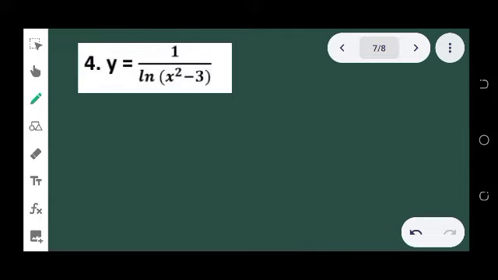Next, lastly, we have y is equal to 1 over ln of x squared minus 3. So y prime is equal to the negative of the derivative of the function. Now the function consists of ln. In my last video, I already discussed a trick on how to find the derivatives of natural logarithmic functions in an easier way: the derivative of the function is the derivative of the argument, 2x, all over the argument.